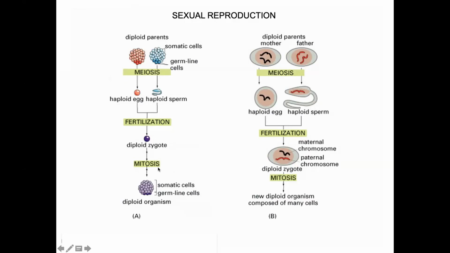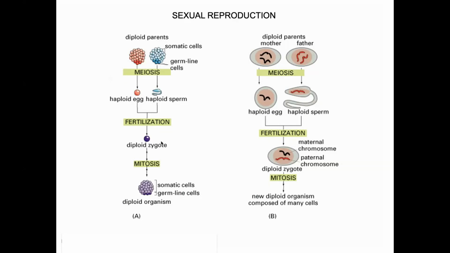So in this case, through mitosis, that single-celled zygote has the ability to create trillions of somatic or non-reproductive cells that then construct the body of the offspring. Okay? So that's describing sexual reproduction at a cellular level.